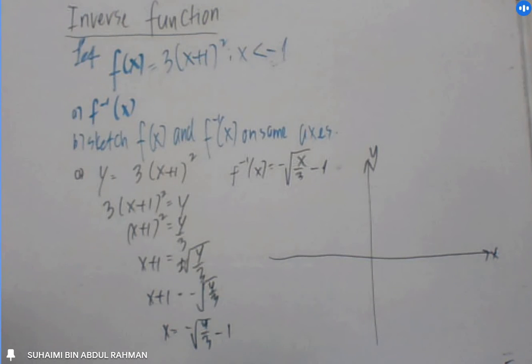The function f(x) is the function of what? When we want to sketch the graph, we want to sketch the graph of what function? Quadratic. Is that open up or open down? Up.